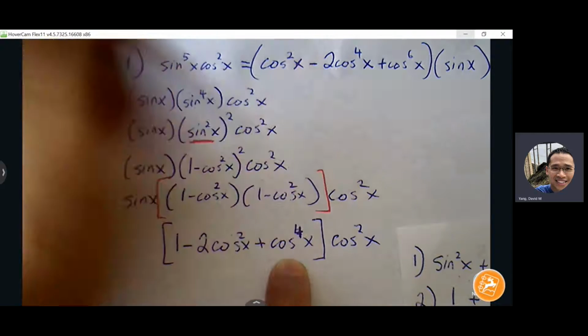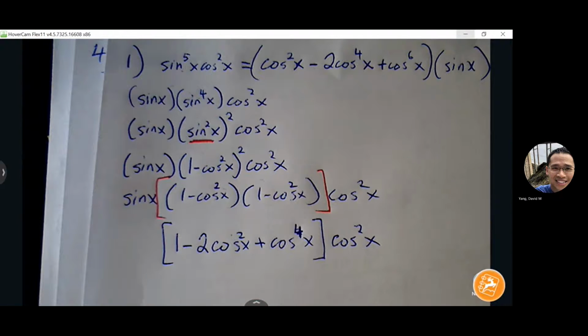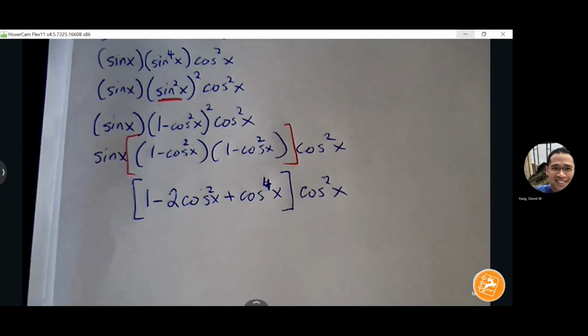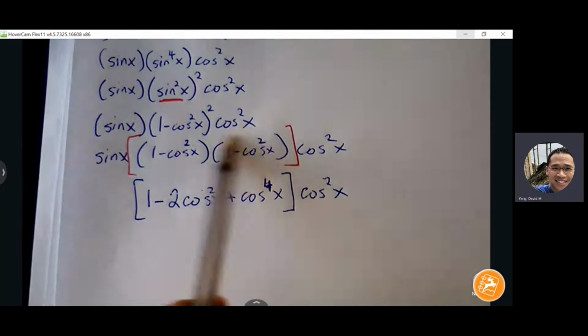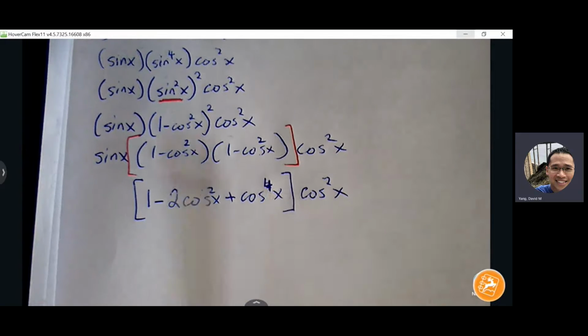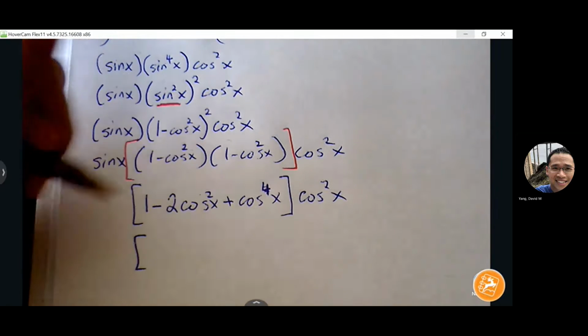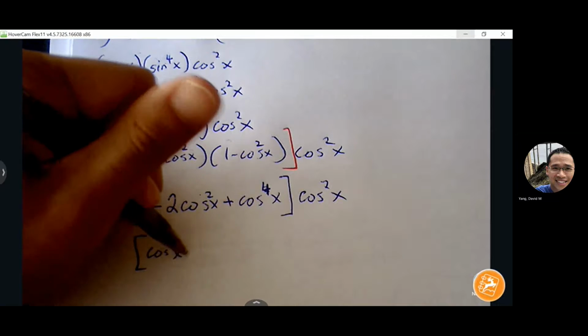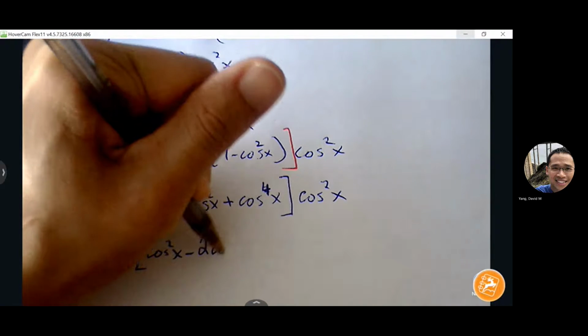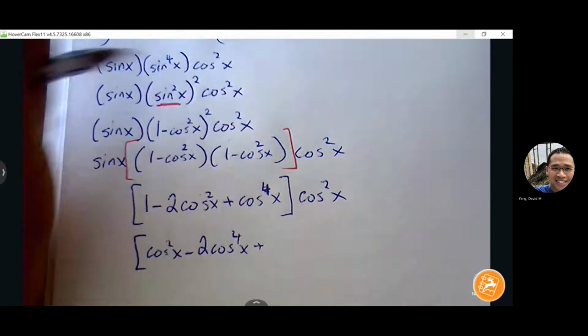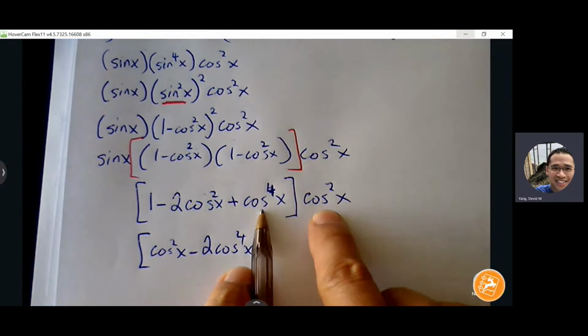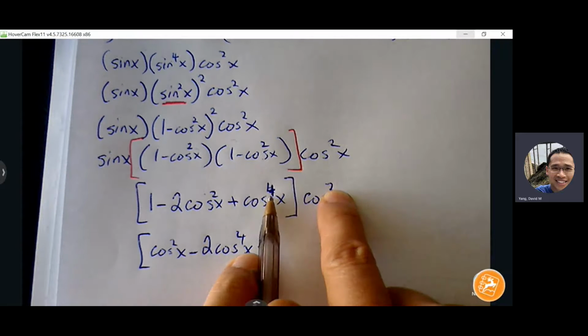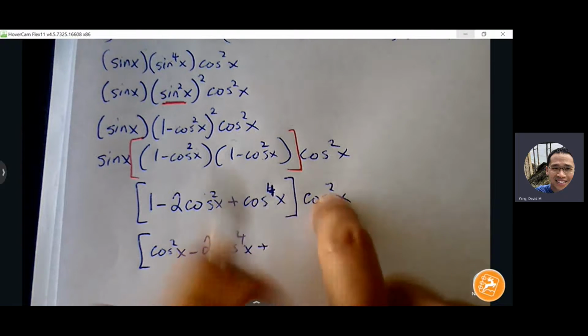Fourth. Yeah, sorry about that. Right. If I distribute the cosine squared through, and when you multiply bases, you're going to add exponents. So you don't do 4 times 2, you do 4 plus 2.